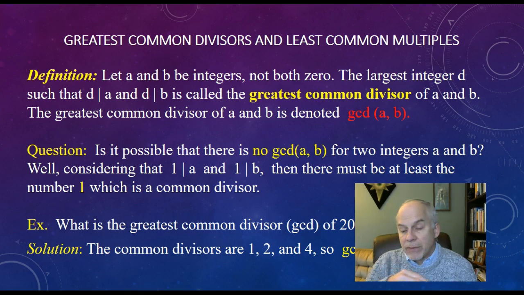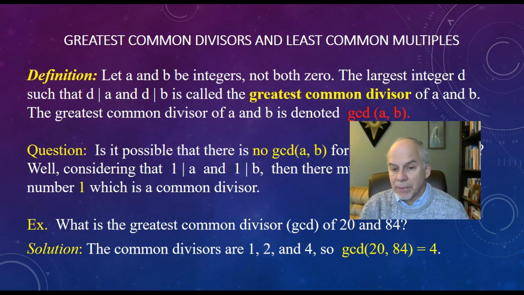And if there's no other divisors, then that might be the greatest common divisor. So even if you think that two numbers don't have any common divisors, then 1 is a common divisor. And so two numbers will always have a greatest common divisor.